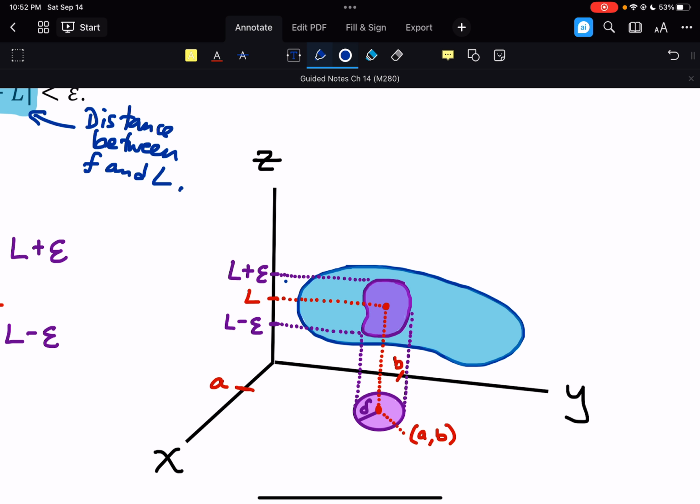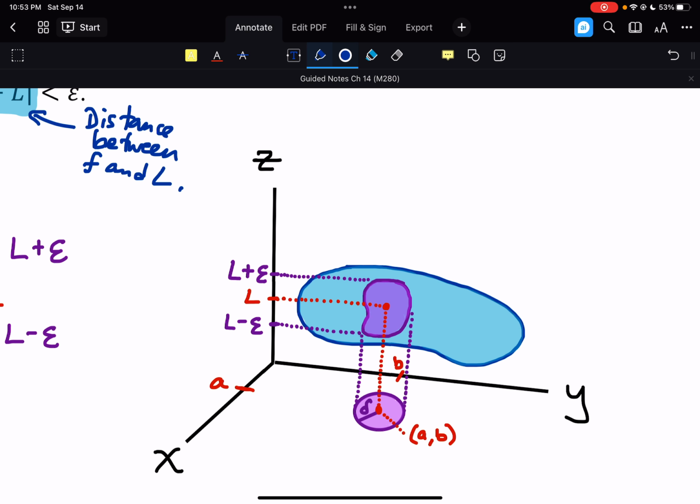Okay, so again, as we shrink epsilon, the acceptable range gets smaller, and so we start shrinking delta in order to make ourselves get closer to the actual limit value. And this is kind of the game that we play with limits. And this is, again, how we precisely define a limit.